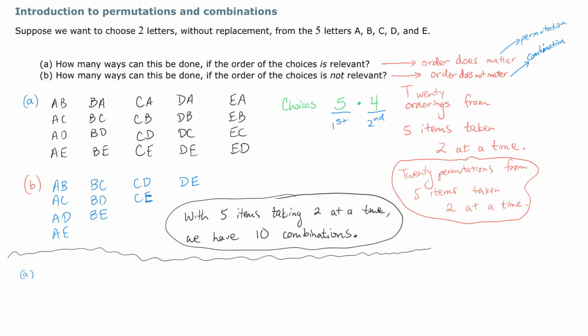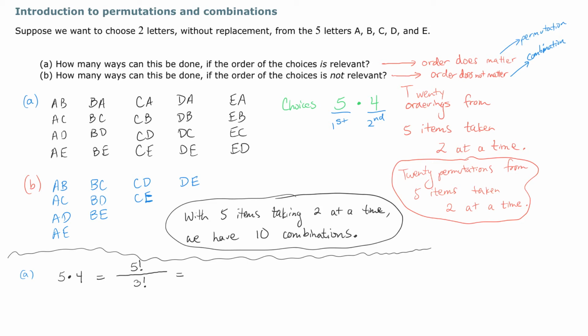Another way to get 20 is simply by getting 5 times 4, which is equal to 5 factorial over what then? How about 3 factorial, right?